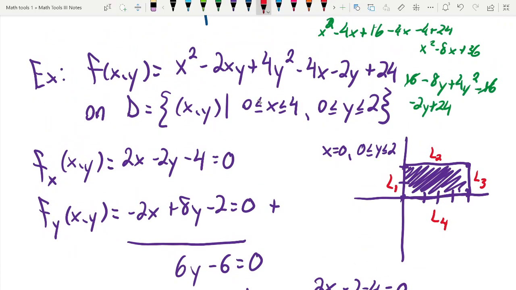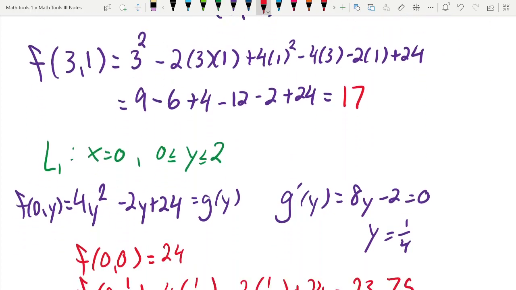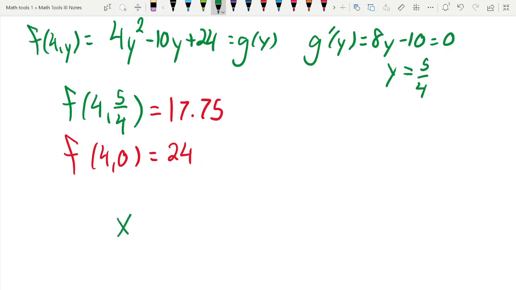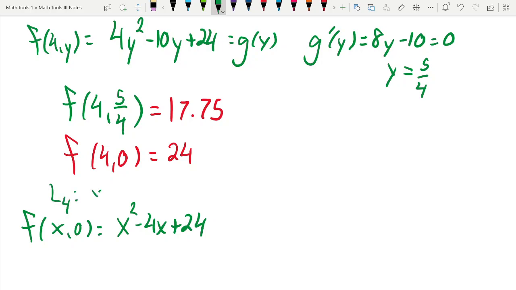So that's going to be x squared minus 4x plus 24. This is L4, where y equals 0, and x is between 0 and 4 still.